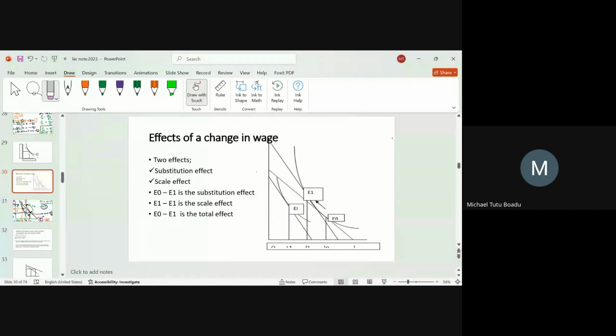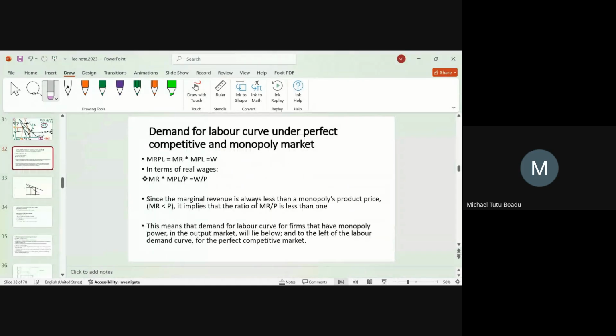And the scale effect is that the output level changes, as the isoquant does not remain unchanged. Combining the two gives us what we call the total effect. Is there any question?